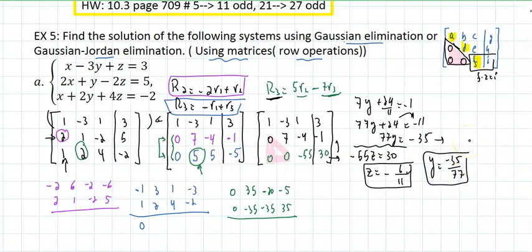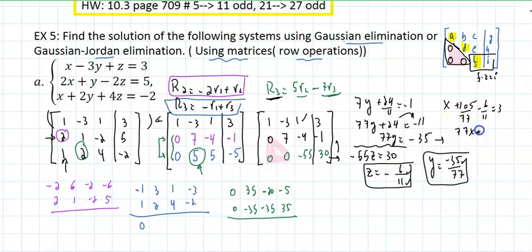And now if I go for the first equation, to figure out what x is, I will say x minus 3 times that, that's plus 315, 105, plus z minus 6 over 11, this is over 77, equals a 3. Oh boy, this is a big mess, a lot messier than I thought, but it's all good.